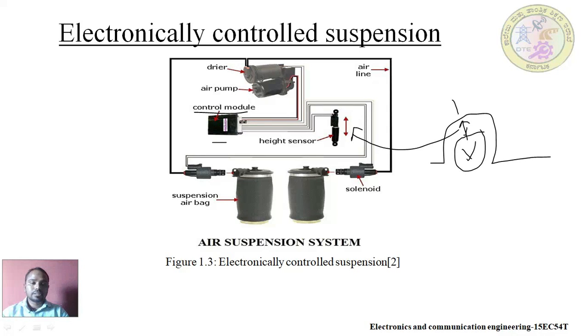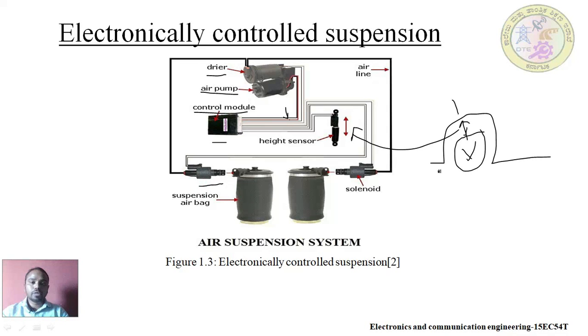This sends a signal, shown in red, and gives the appropriate information to the air pump and the dryer. The combination of air pump and dryer, if necessary, will send air to expand this airbag with the help of this solenoid valve.